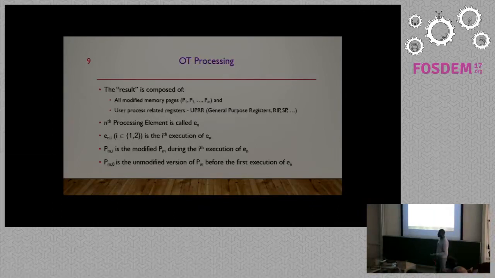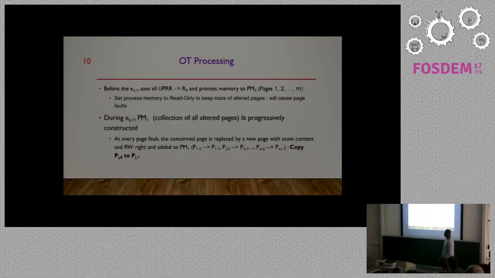The first execution will be called EN1, and the second processing element execution will be called EN2. About memory pages, we'll call PM1 the modified page during the first execution, and PM2 the modified page in the second execution.